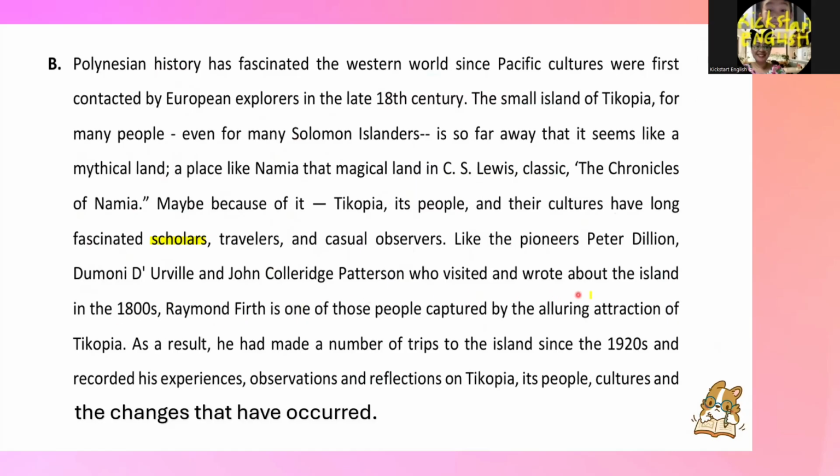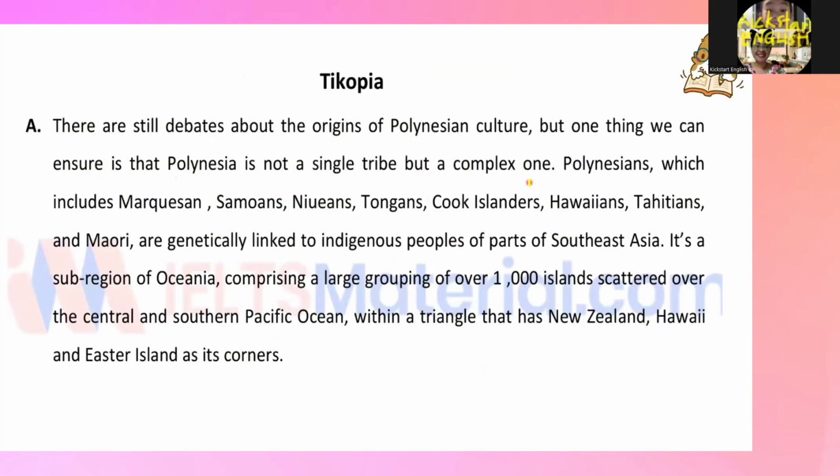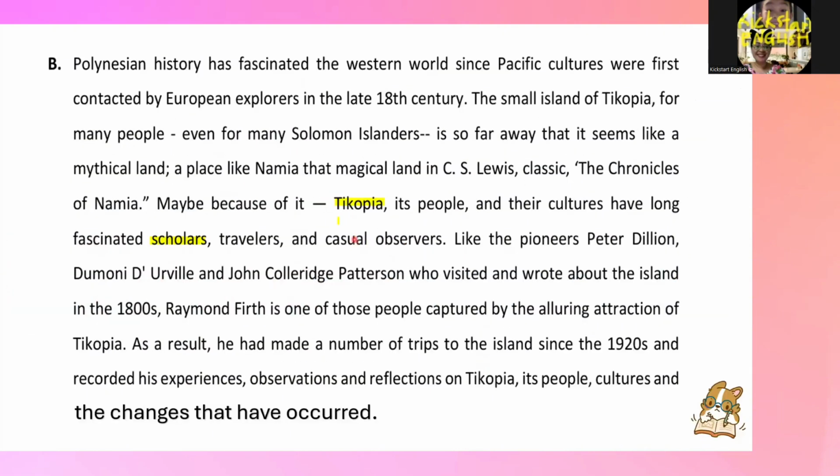All right, so you just keep on looking. We have the word Tikopia. In paragraph A, we cannot find the word Tikopia, but we can find it in paragraph B. Scientists, so we have scholars and pioneers.